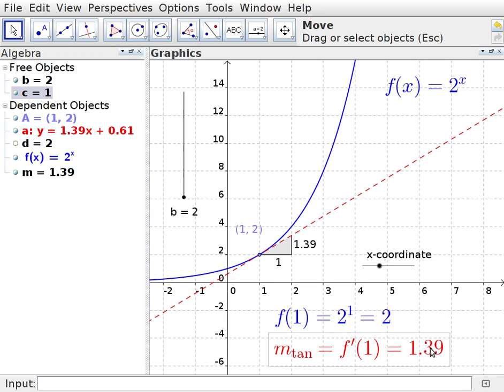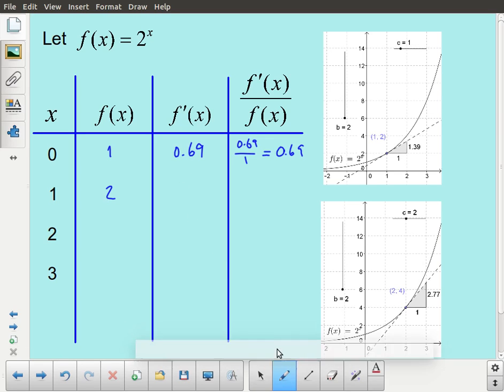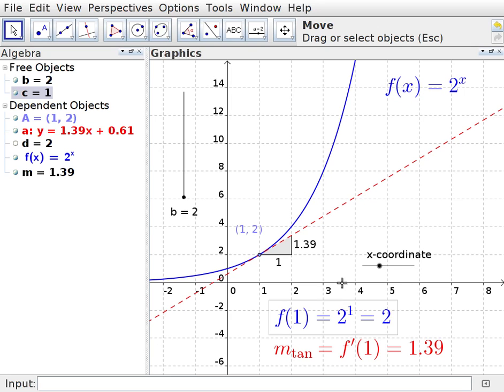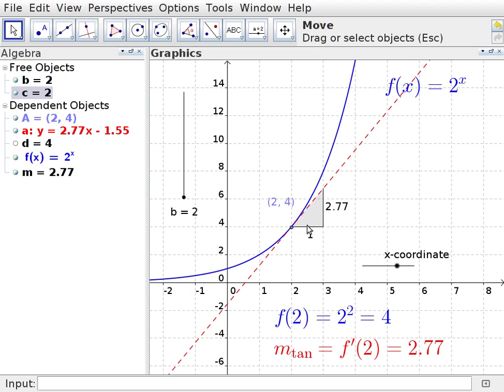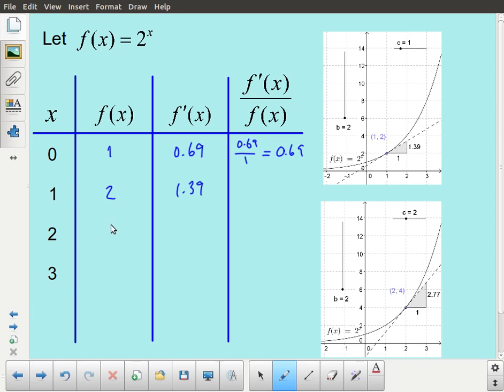And the slope is 1.39. So that would give me a slope here of 1.39. And I could continue to do that. I could change my x coordinate to 2, which gives me a y coordinate of 4 and a slope of 2.77. So that gives me a y coordinate of 4 and a slope of 2.77, and so on.